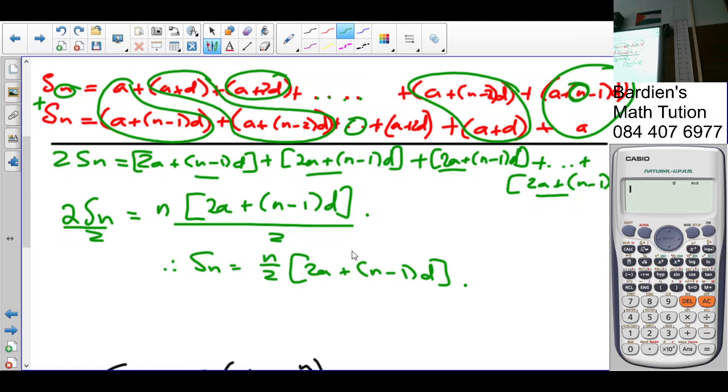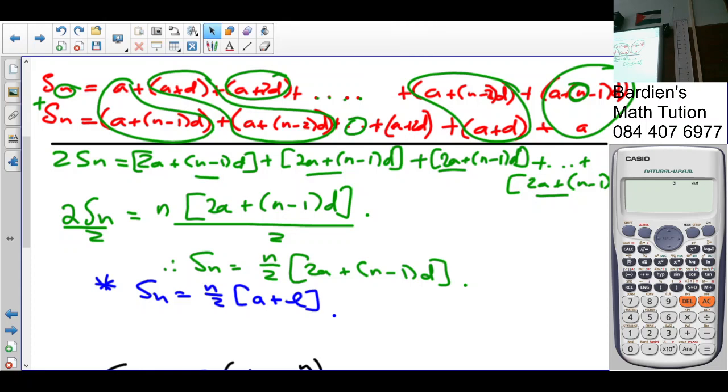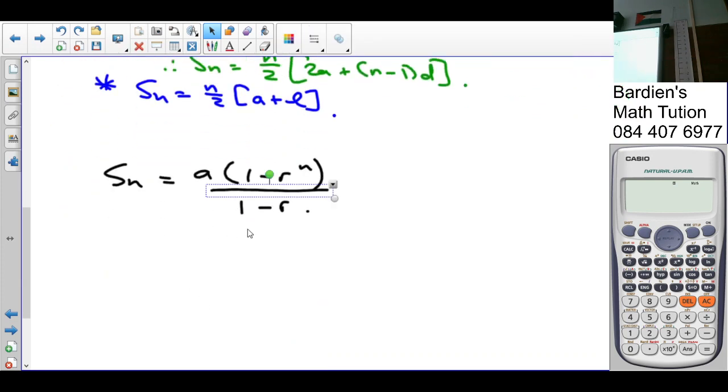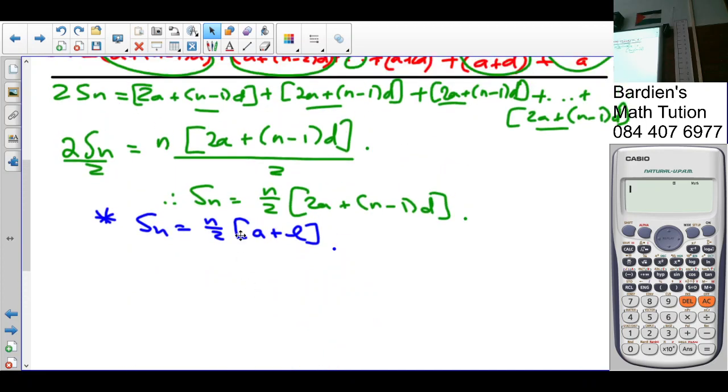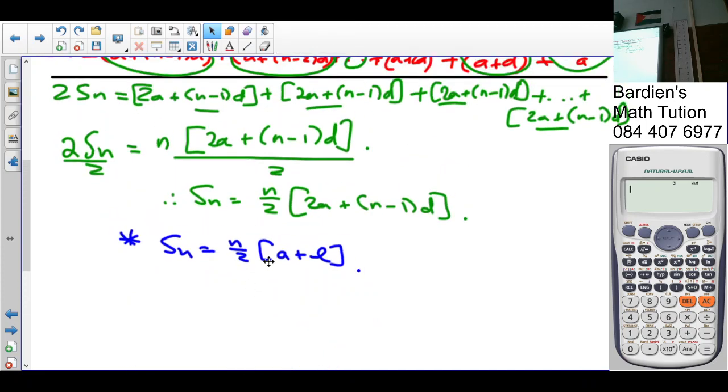But they can vary this question as well. They could ask you something different. They could ask you to prove Sn is equal to n over 2 into (a plus l). What's the difference between these two formulas? The l. It's obvious. But the l is what?